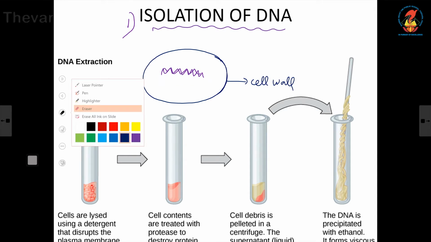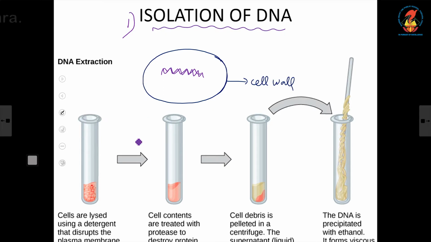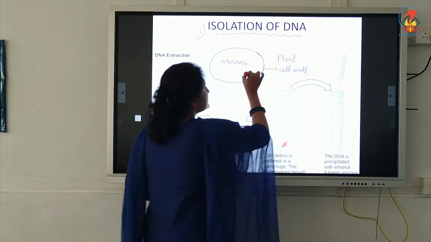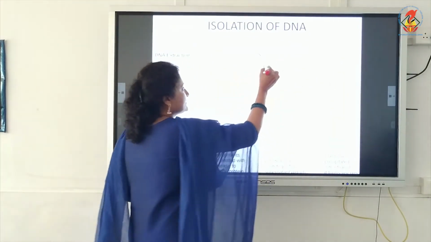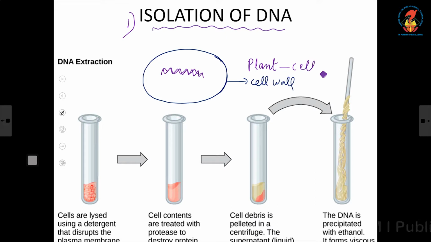If it is a plant cell, the cell wall can be removed with the enzyme cellulase. We know why cellulase, because the cell wall in a plant cell is made up of cellulose. If it is fungus, you know the cell wall of fungus is made up of chitin. So what is the enzyme used?